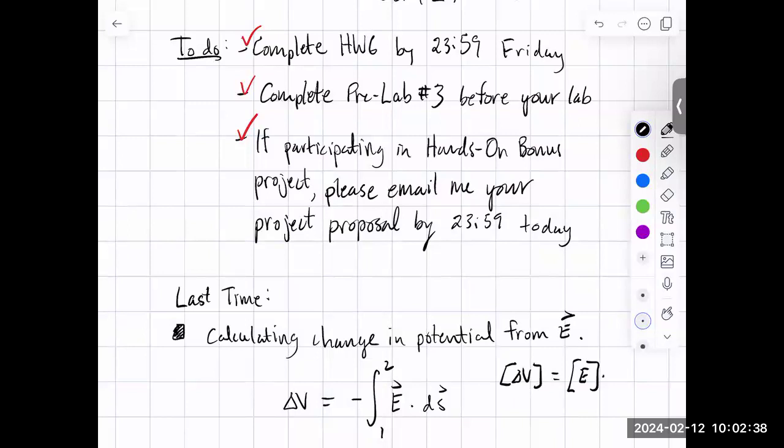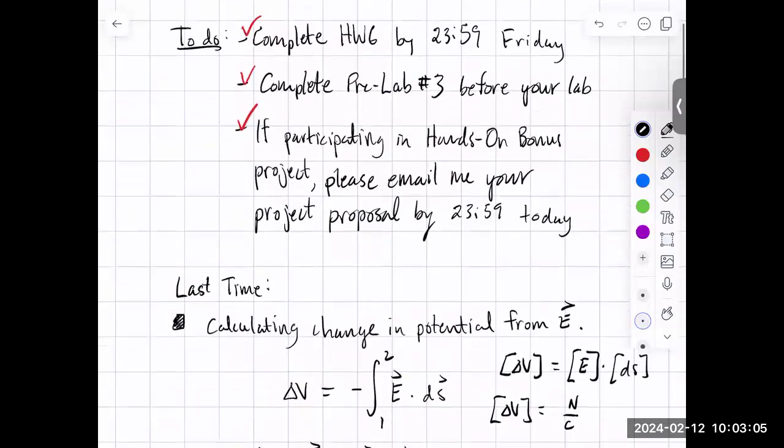And so let's think about this electric field. We know that the force on a charge is Q times E. So E is force divided by Q. So that's newtons per coulomb. So electric field is newtons per coulomb.